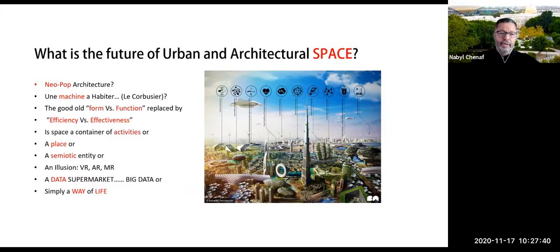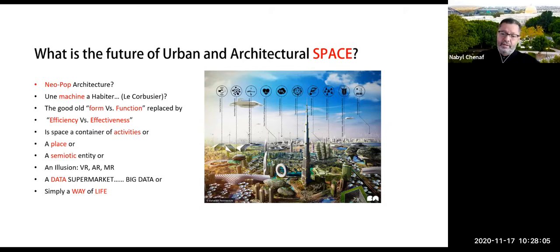And I was wondering whether we are still talking about form versus function, and efficiency versus effectiveness. What is efficient is not necessarily effective. And space as a container of activities, or space as a place, my place, your place, the car's place, and things like that.